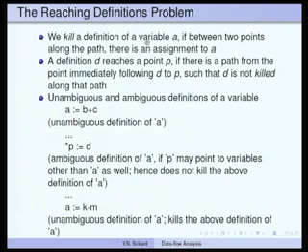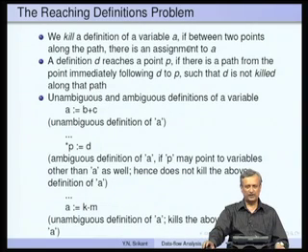We kill a definition of a variable if, along a path starting from that particular definition, we pick any 2 points and between these 2 points there is an assignment to A. So, the previous definition is not valid anymore, there is a new value assigned to A. The new value will now be available along that path from now on. So, this new assignment of A kills the old definition of the variable A.